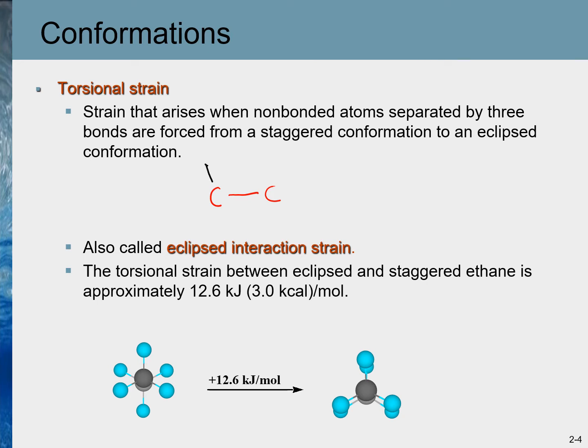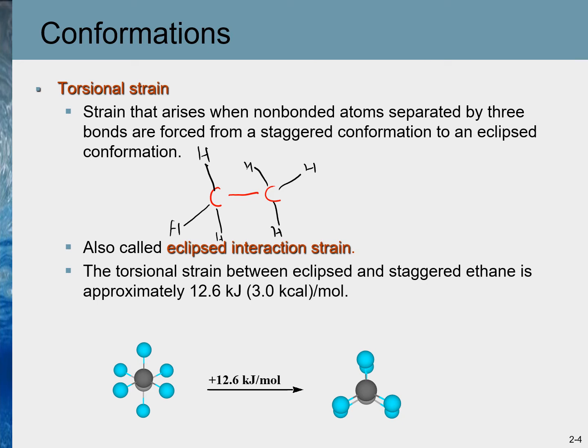For example, if I draw this molecule in such a way that the hydrogens are farthest away from each other, as shown here, this geometry or conformation is the most stable conformation as discussed earlier, and this is the staggered conformation.